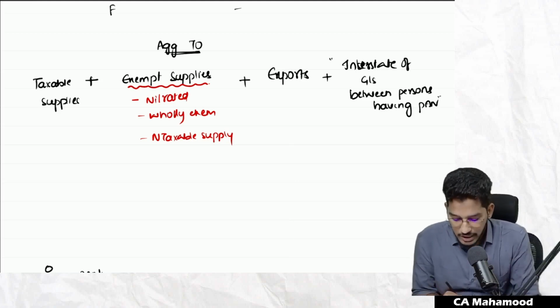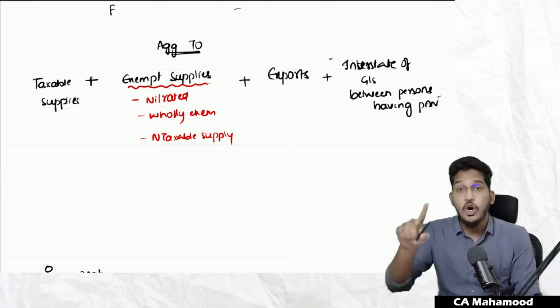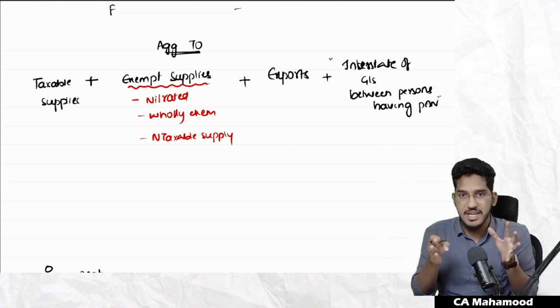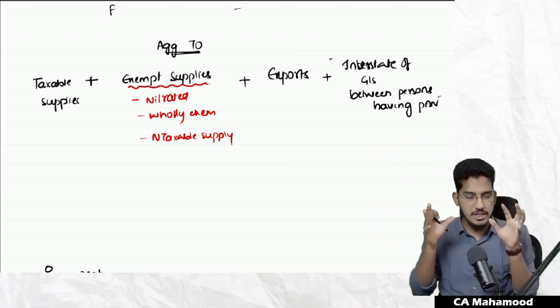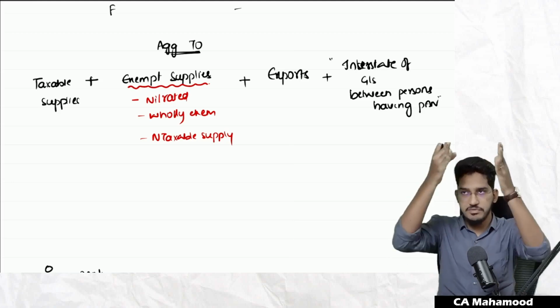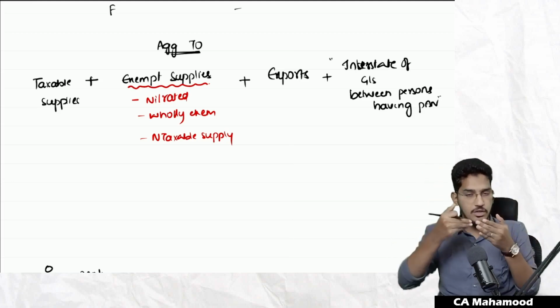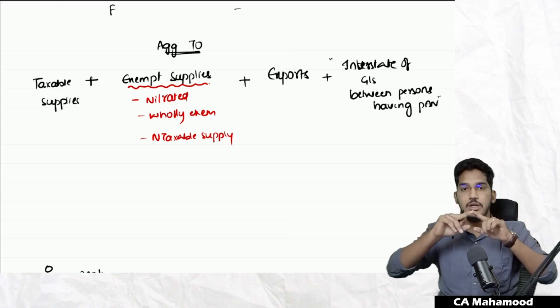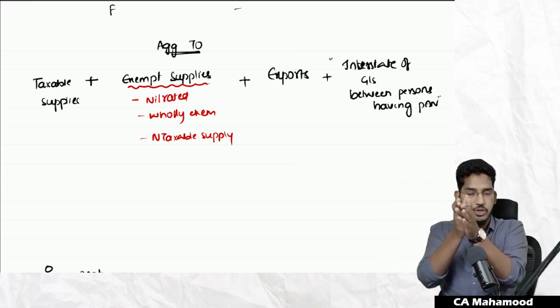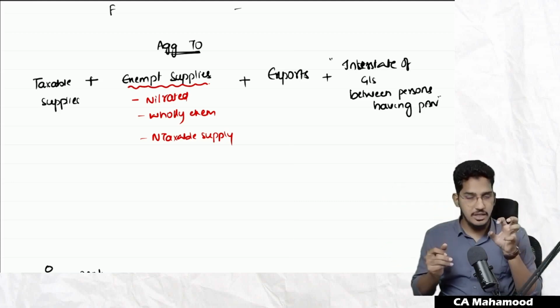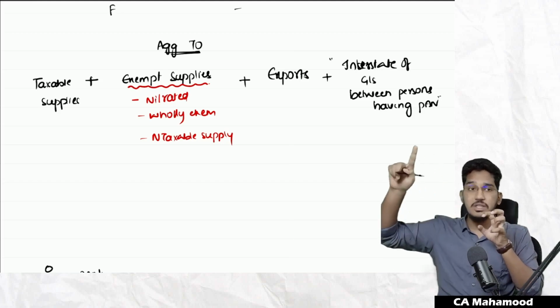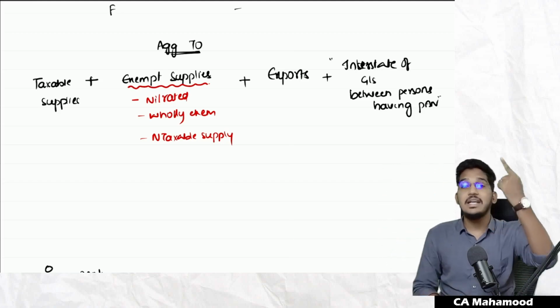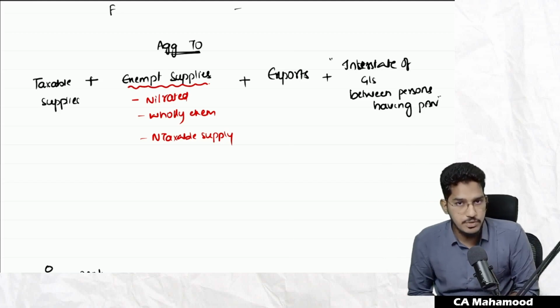Understood, everybody? So now you have to add all this on an all India basis, not just in one state. If you have business in multiple states, from each state you have to add up all four figures. For all locations, you have to add up all the turnover. Now that becomes aggregate turnover. You need to check whether it is within the limit of 20 lakhs or has exceeded it.